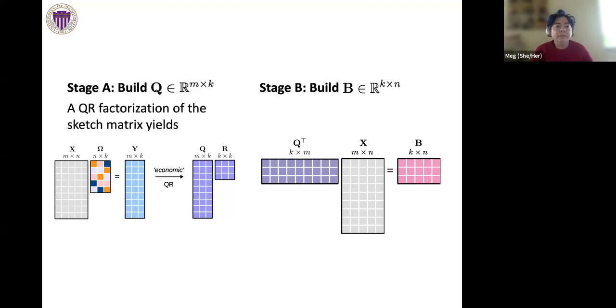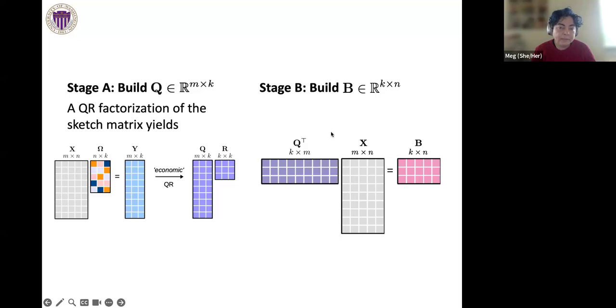Then we orthonormalize the columns of Y by computing a QR decomposition. The Q is the near-optimal low-dimensional basis that provides the column space of the input data matrix X.